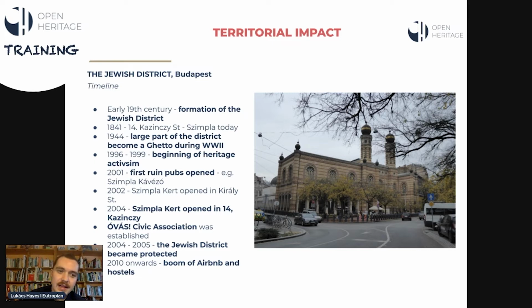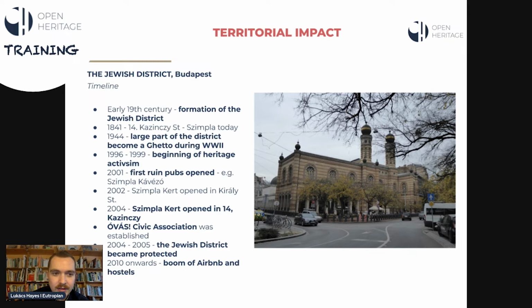In 2001, the first ruin pubs opened, one of which was Szimpla Kávézó, called Szimpla Cafe, which was the precursor for Szimpla Kert. It was done by the same group of people.